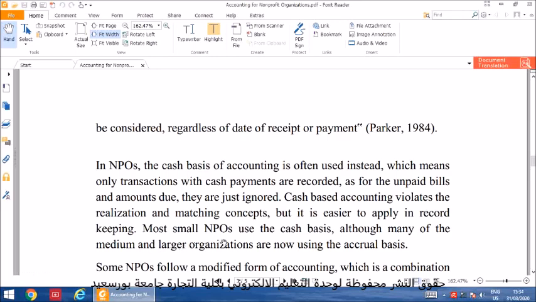Most small NPO use a cash basis, although many of the medium and larger organizations are now using the accrual basis.